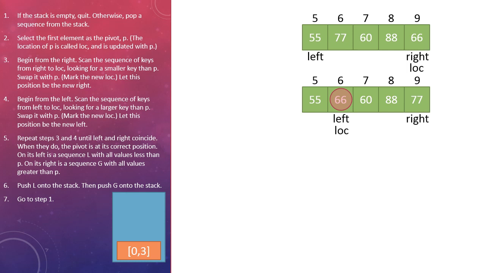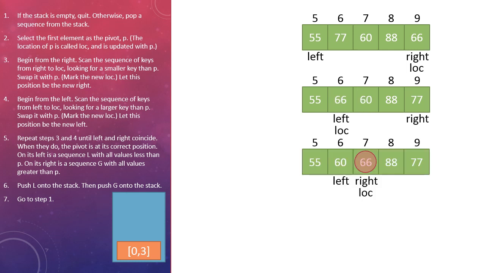Start scanning from the right, looking for a smaller element than 66. 77 is not smaller, 88 is not smaller, but 60 is. So swap 60 and 66. Right and lock have been updated.